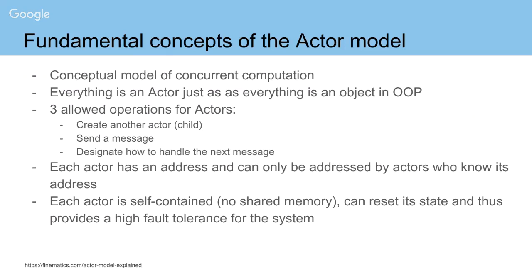Each actor has an address that we can address to, and we also know from where our messages came, so that in theory we can reply back. But the way this actually works under the hood is more of a fire and forget thing. So you fire off your message and it arrives at an actor, and then this computational unit does something with it and reacts in whatever way is defined.